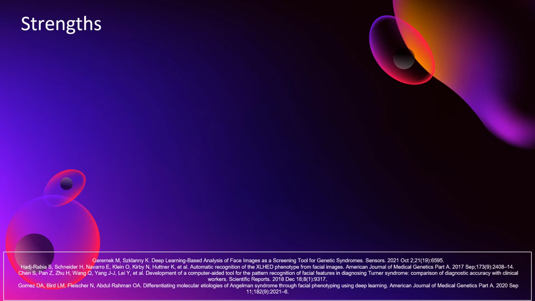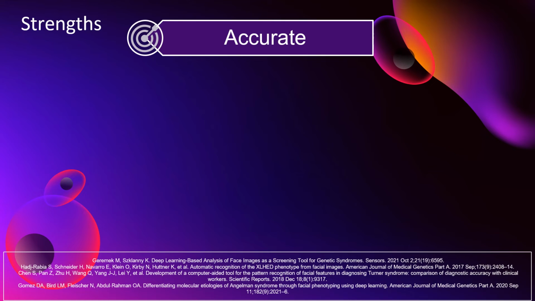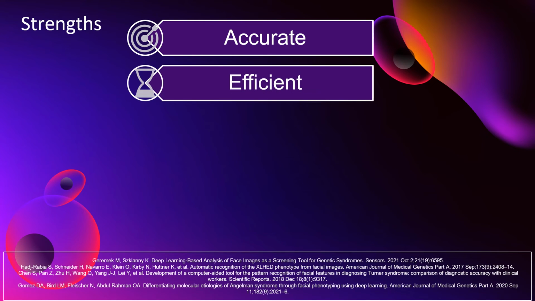These are the strengths and future prospects of using AI as a screening tool for genetic syndromes. AI-based applications are more accurate than clinicians in identifying phenotypic features of genetic syndromes. They can distinguish amongst different molecular pathogenic variants of syndromes based on minor differences in facial features.